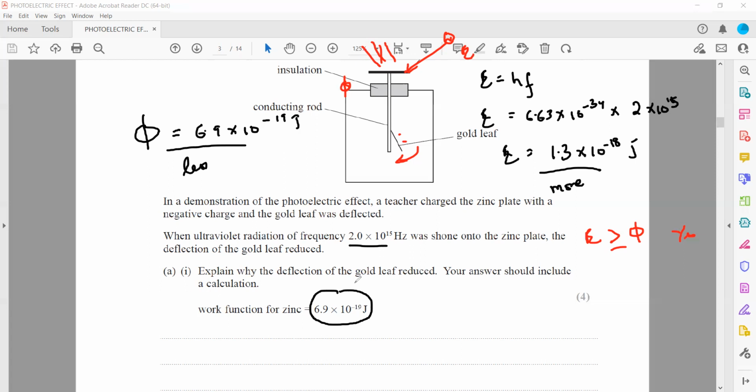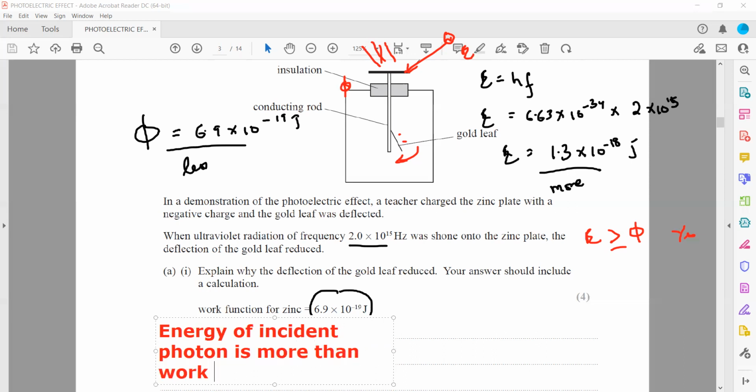So when there is a photoelectric effect, the answer here will mention that the energy of the incident photon is more than the work function, the minimum possible energy to remove an electron. So as a result, what will happen?